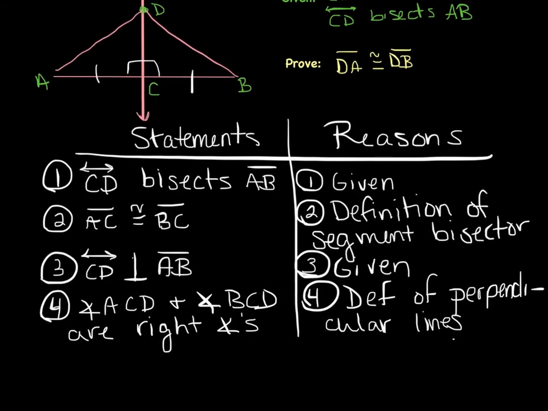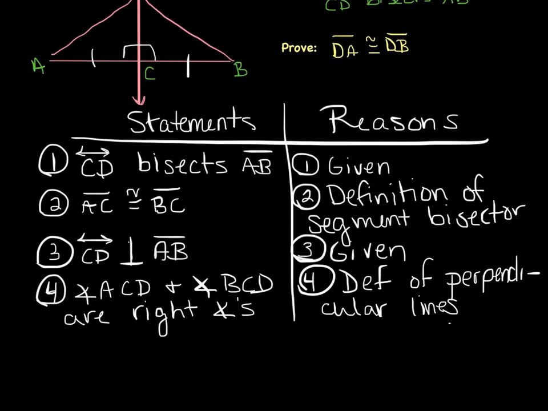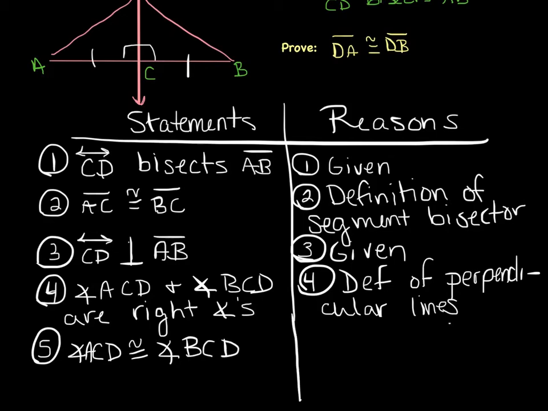And from here, that tells me that angle ACD is congruent to angle BCD because all right angles are congruent. Okay, so now I've got a side and an angle. And remember, we always try to look for the easiest.